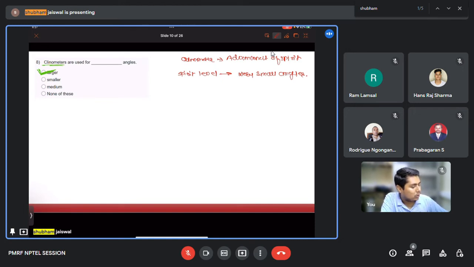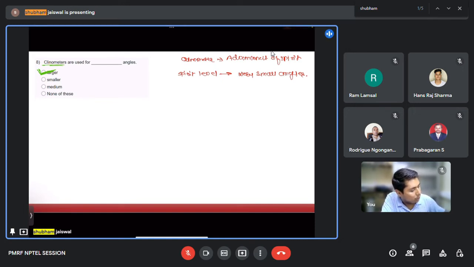So the clinometer is a combination of what we have seen in the very beginning, that is, the protractor plus spirit level. So let me draw the clinometer for you.